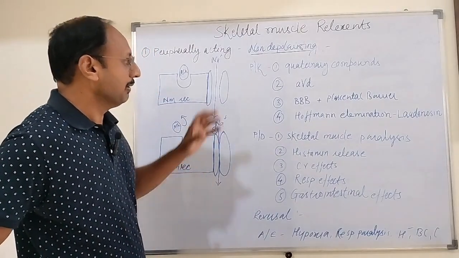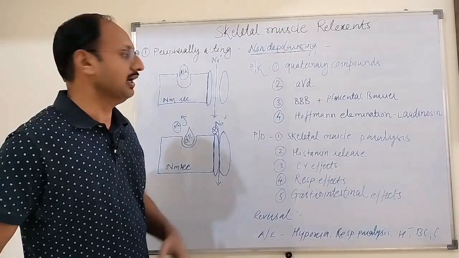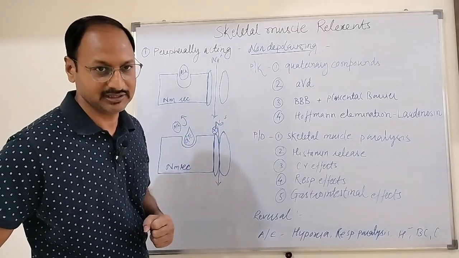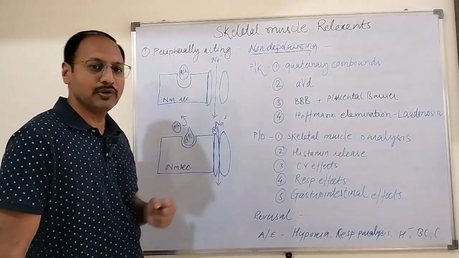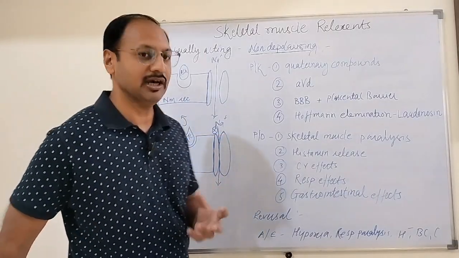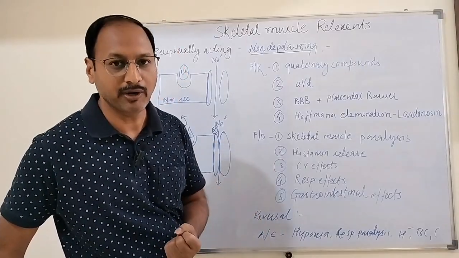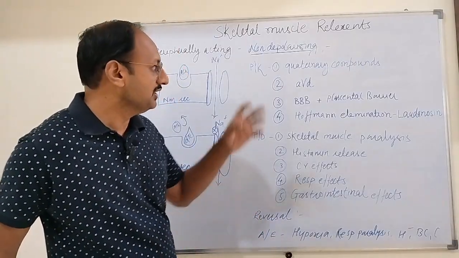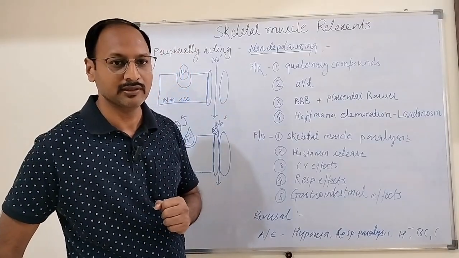Now come to some important pharmacokinetic and pharmacodynamic properties of non-depolarizing skeletal muscle relaxants. Number one, these are bulky, polarized quaternary compounds. If administered orally, they cannot be absorbed.